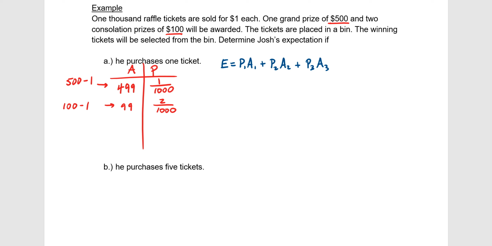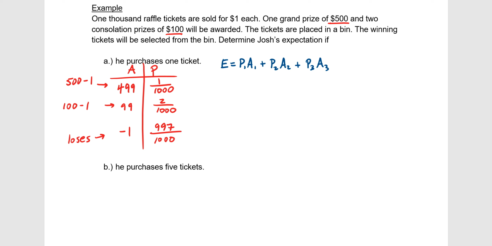And then for the last one, if you lose, so you don't win at all, that's going to be a net gain of -1, and there's going to be 997 losing tickets. That's because there were 3 winning tickets, 1,000 minus 3, 997 losing tickets.